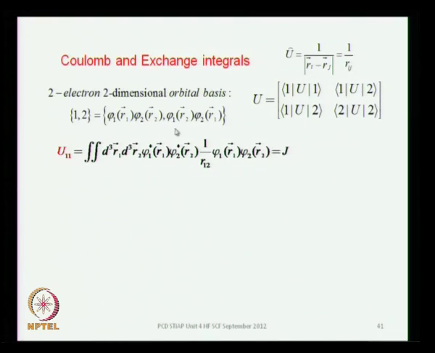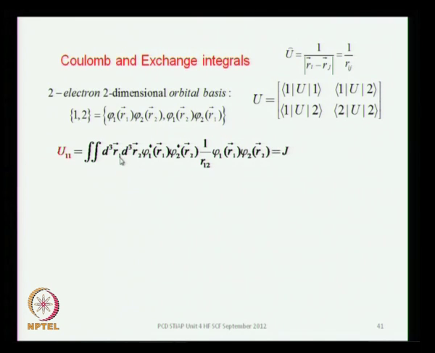Let us look at U11. U11 is this integral, which is the integral of the Coulomb interaction, which is 1 over R12 in this phi 1 R1 phi 2 R2 both complex conjugated, and on this side you have got phi 1 R1 phi 2 R2, and you must integrate over R1 and R2.